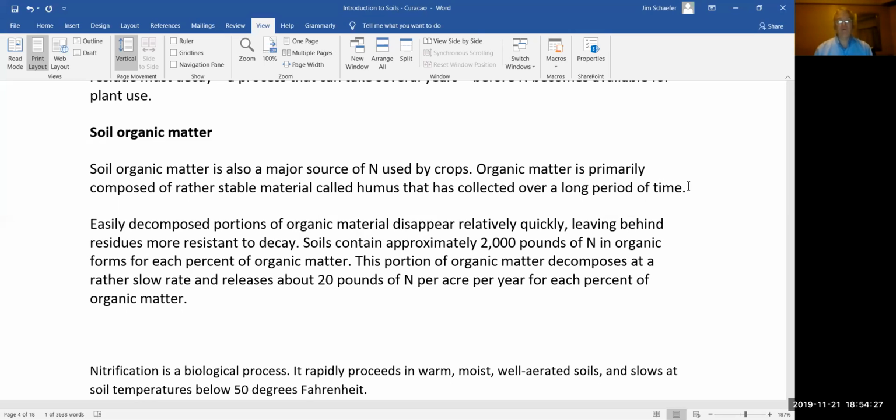And when we say decompose, you should think of the rate of decomposition. So carbohydrates decompose at a relatively fast rate. Proteins at a slightly slower rate. Lipid chemistries or oil-based chemistries, which are organic molecules, they decompose at a slower rate than proteins.